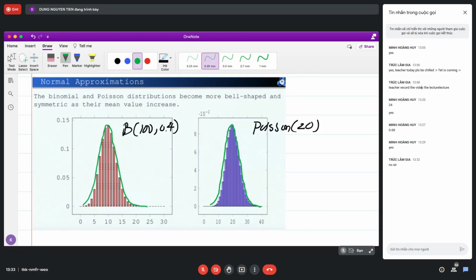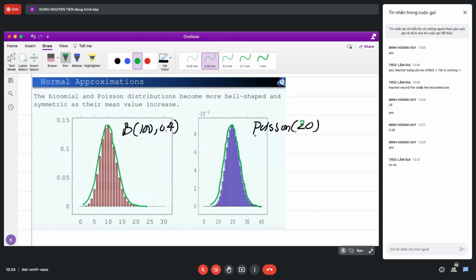So you see that if n is small for the binomial distribution, or lambda is only 2 or 5 or 0.5, then the distributions are heavily skewed. But when n is big for the binomial distribution, or lambda is big for the Poisson distribution, then they become more bell-shaped and symmetric.